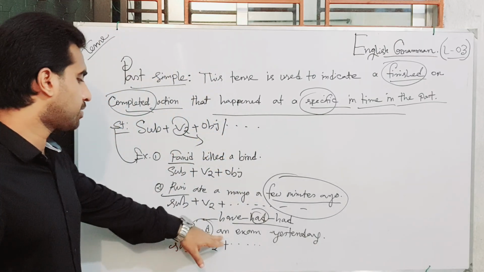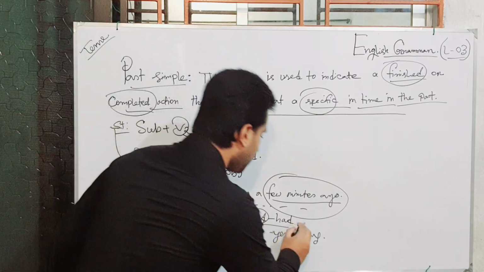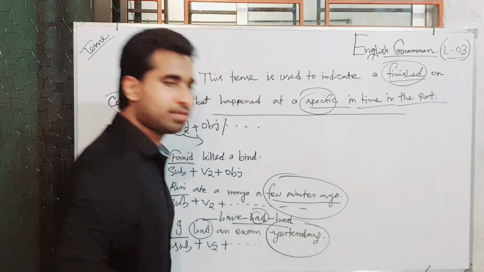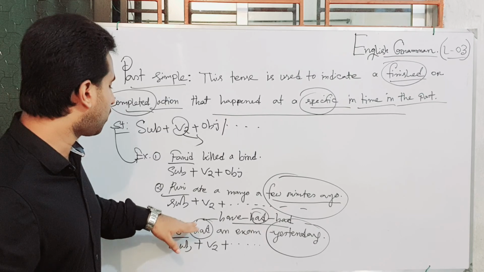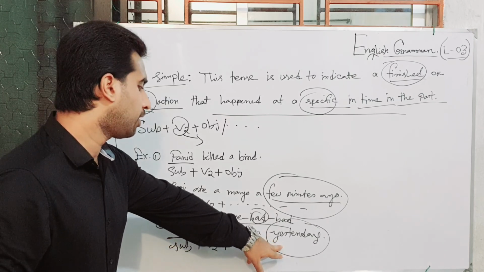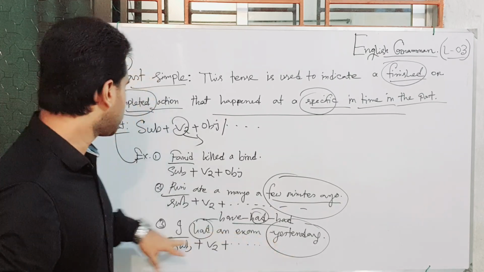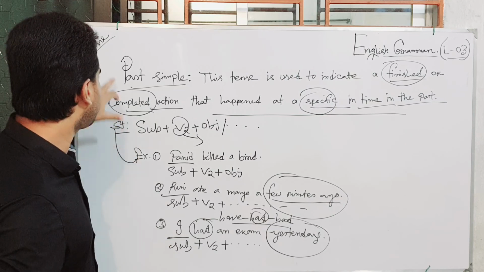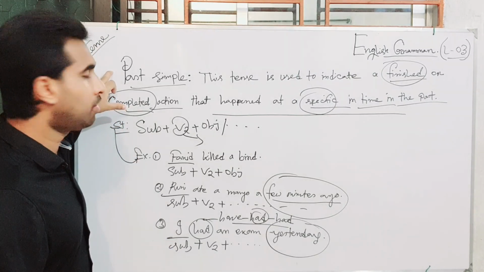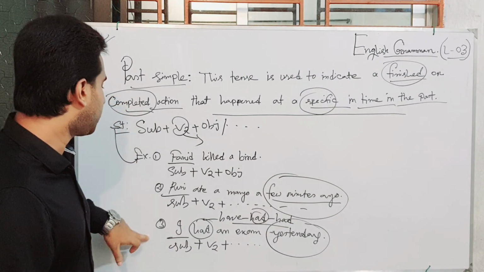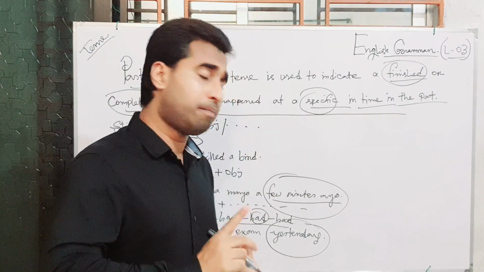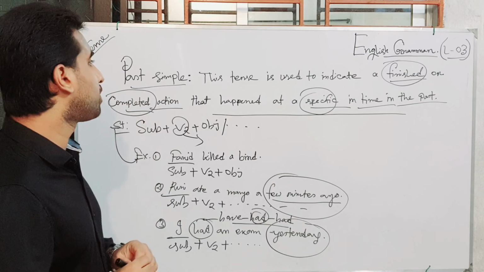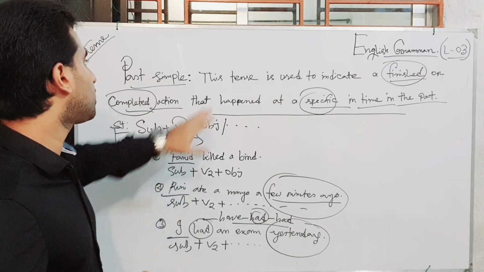Here the time is yesterday. That means the last day. The statement was already completed or finished yesterday. So this is also a past simple tense or past indefinite tense.